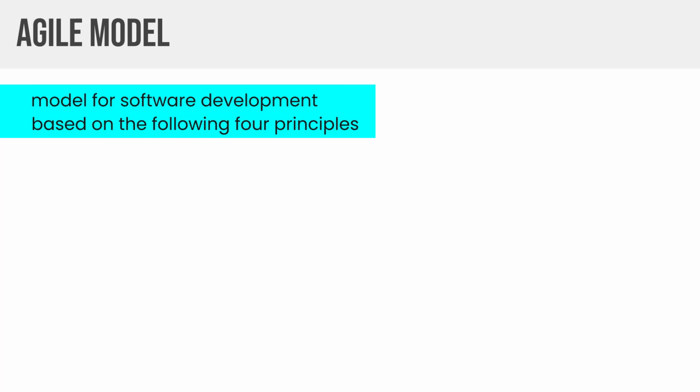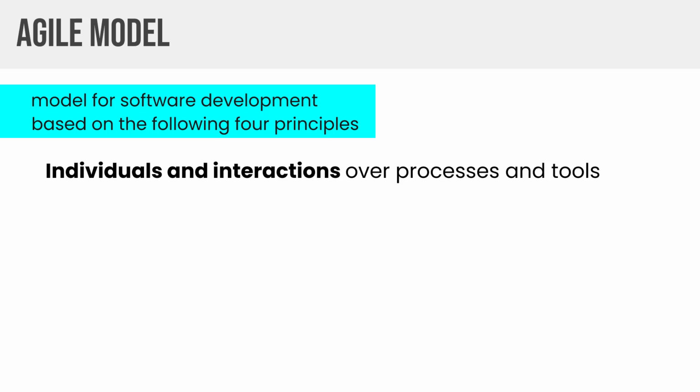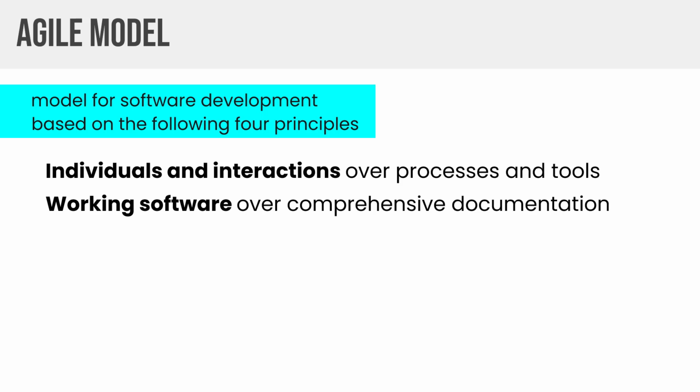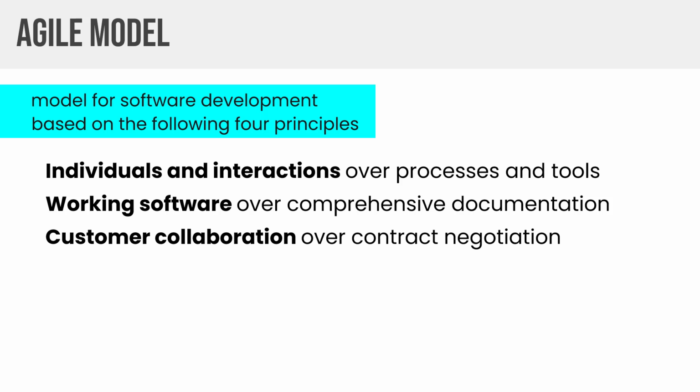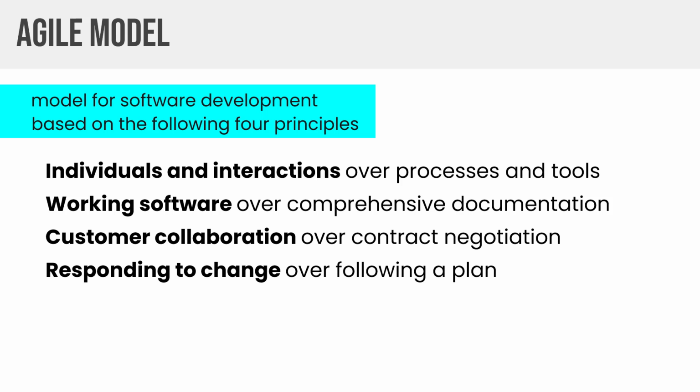We'll start with Agile. Agile is a model for software development that's based on 4 principles: individuals and interactions over processes and tools, working software over comprehensive documentation, customer collaboration over contract negotiation, and responding to change over following a plan.